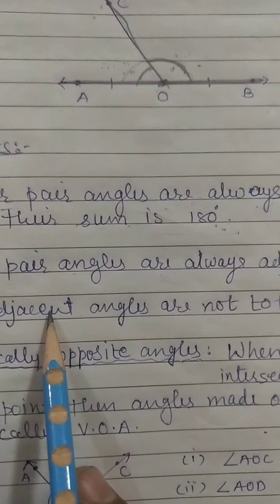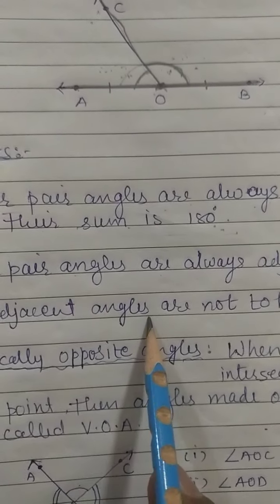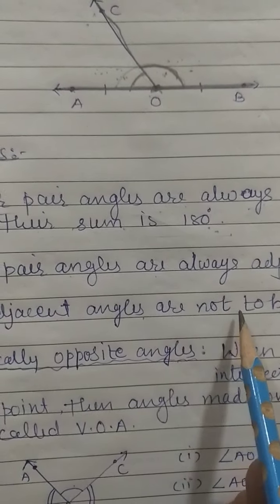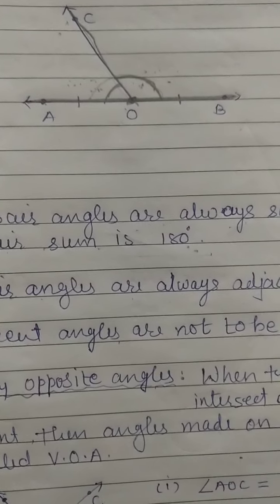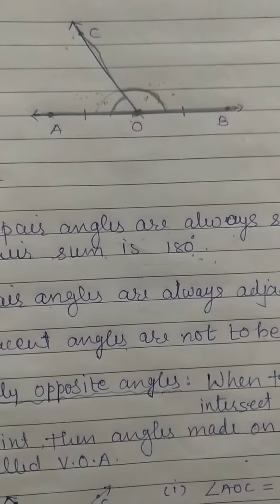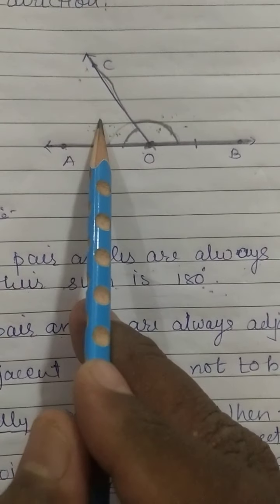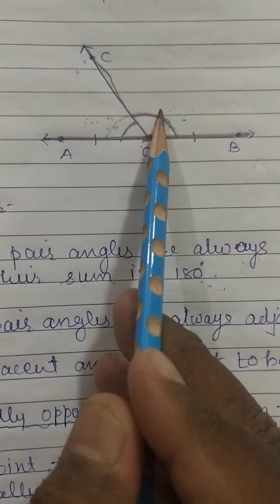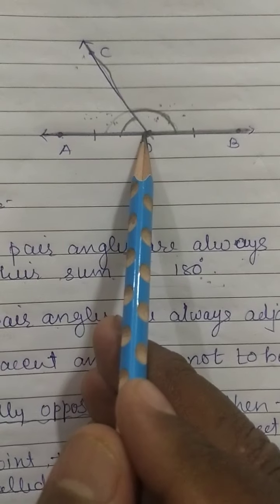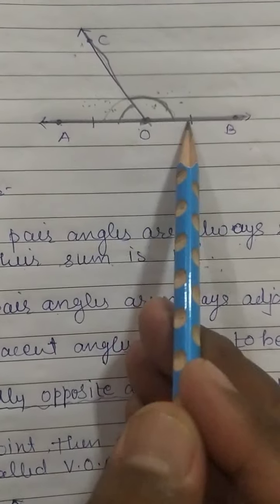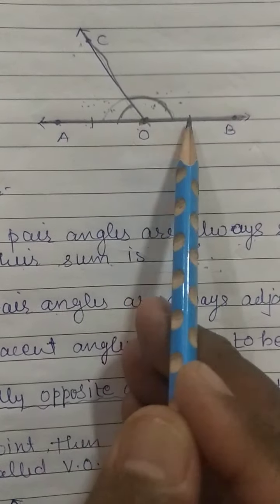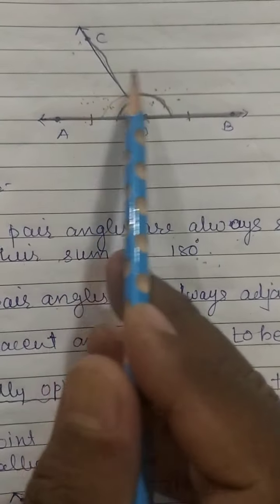But remember that all adjacent angles are not linear pairs. Here you can check, these are two adjacent angles in which the non-common arms are on opposite sides. Only that type of adjacent angles form a linear pair.